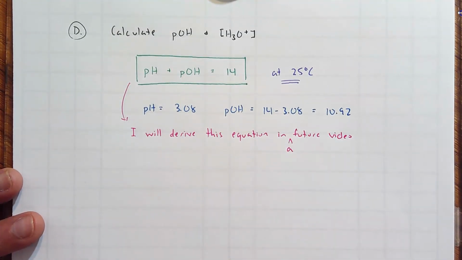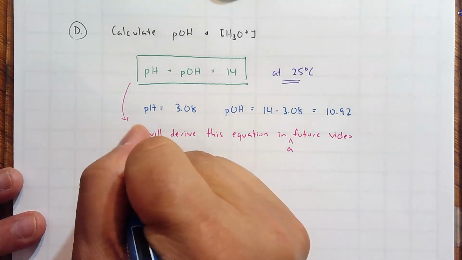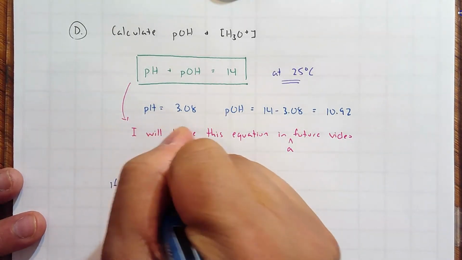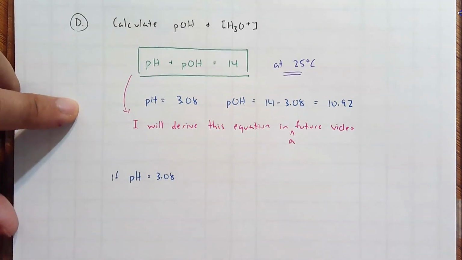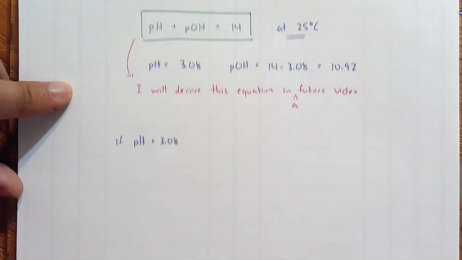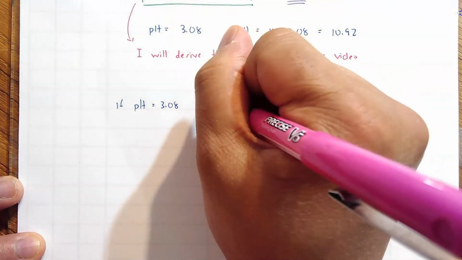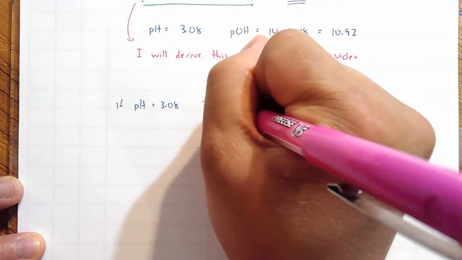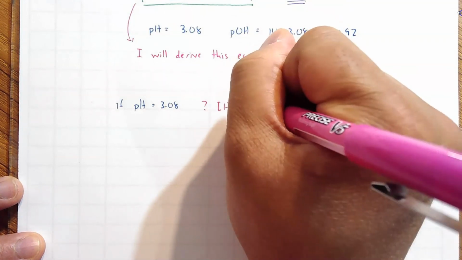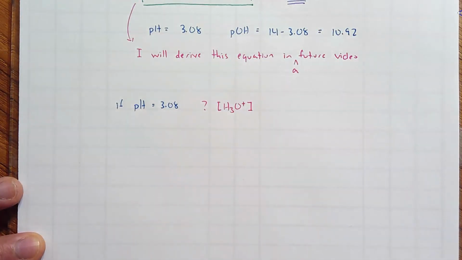So the next calculation is, how about this? If the pH equals 3.08, we know the pOH, but do we know the H plus concentration? What is the concentration of H plus, or if you're in water, H3O plus?